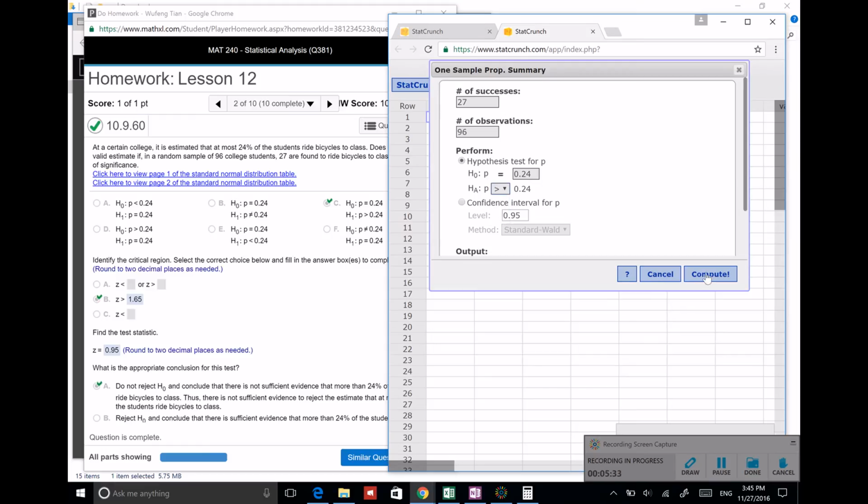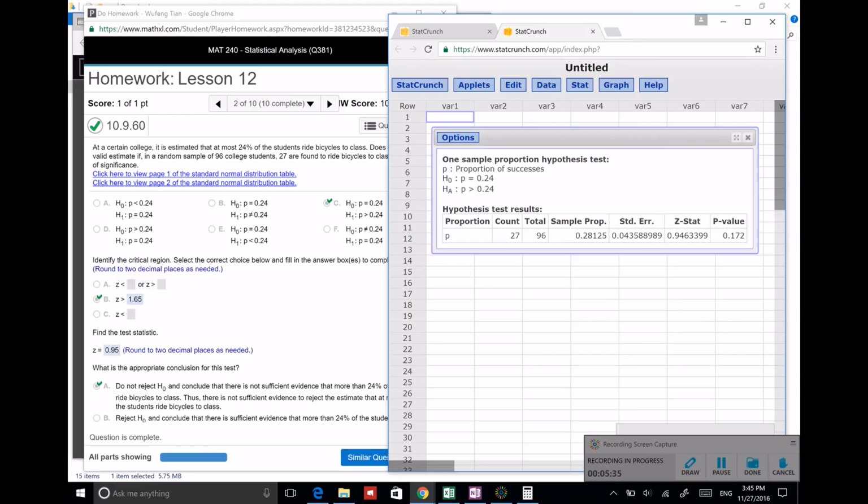Okay, so compute. We got the z-score 0.94, and the p-value is 0.172.